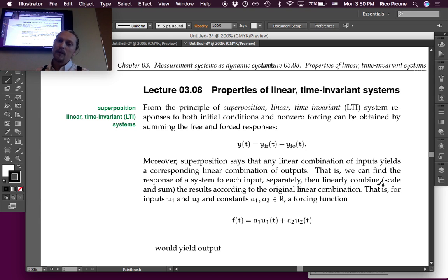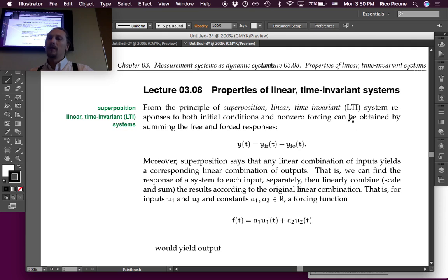So from the principle of superposition, linear time-invariant systems, which means that the parameters in the system, like the mass and the spring constant and the capacitance, they don't change. Time-invariant means they don't change with time. So these systems respond to both initial conditions and non-zero forcing.